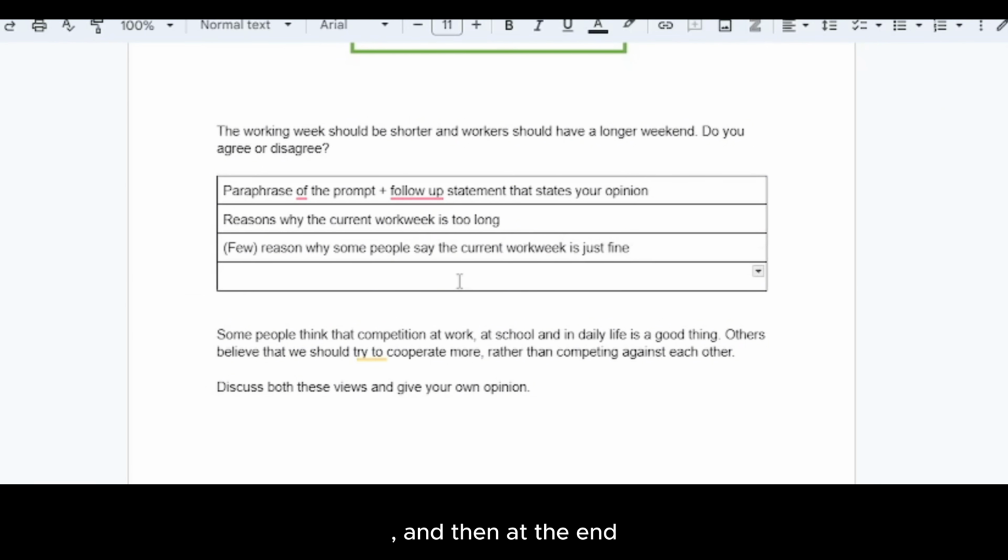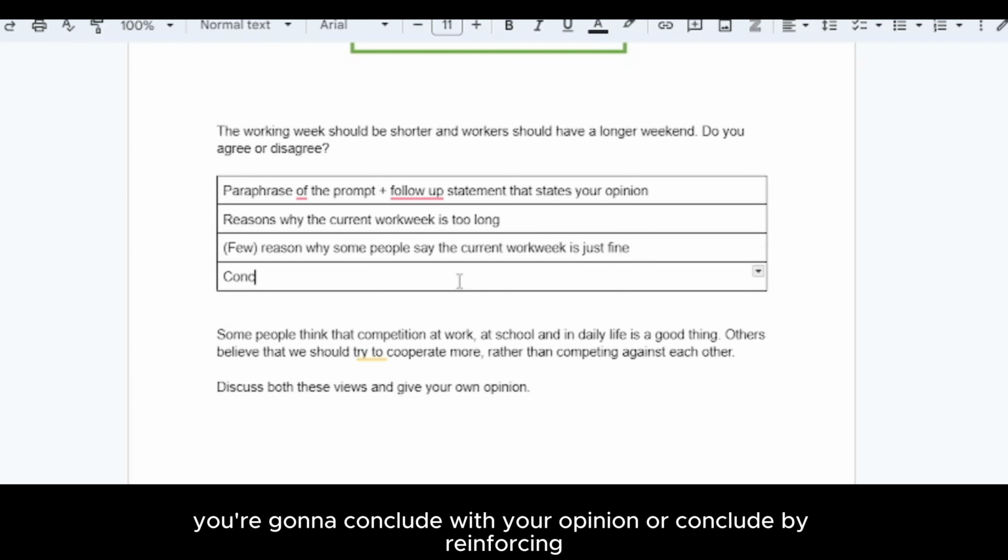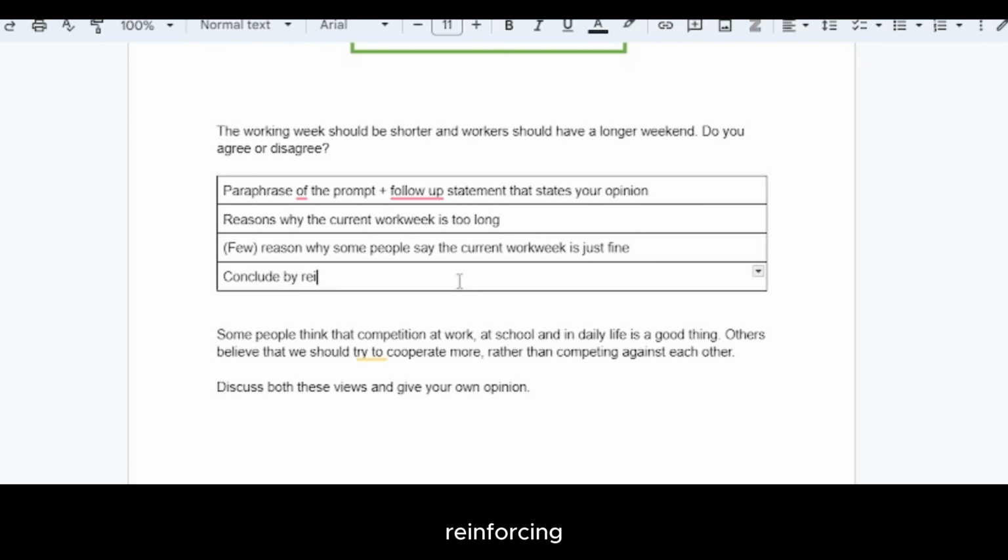Okay, and then at the end, you're going to conclude with your opinion, or conclude by reinforcing your opinion.